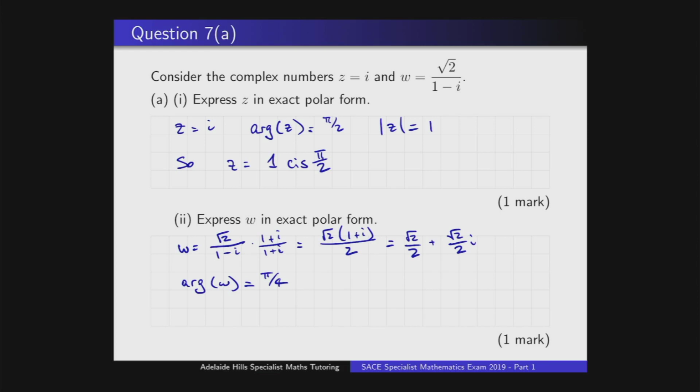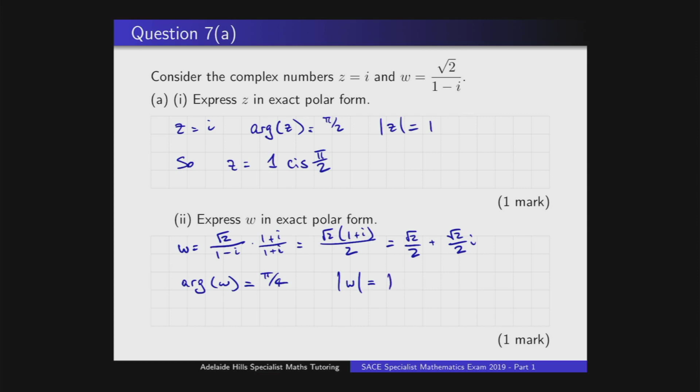Okay, you can also look at the imaginary divided by the real, and in which case this is 1, and then the arctan of 1 is pi over 4. And the modulus of w, that's going to be the square root of the real part squared plus the imaginary part squared, and the real part squared is going to give us 2 over 4, and the imaginary part squared is going to give us 2 over 4, so that's altogether 4 over 4, or 1.